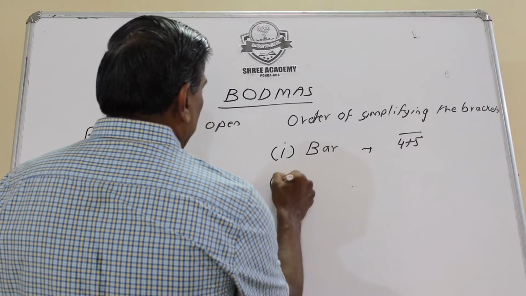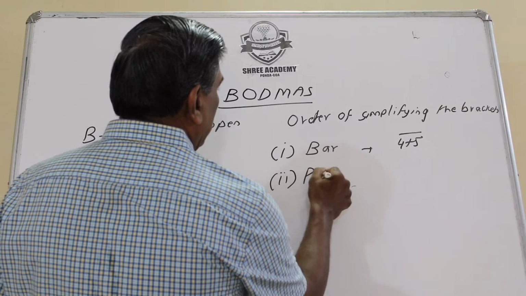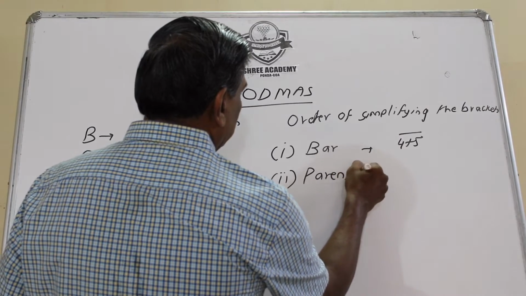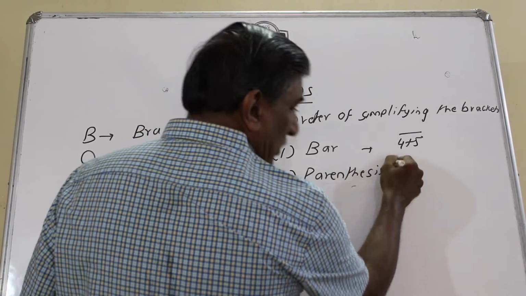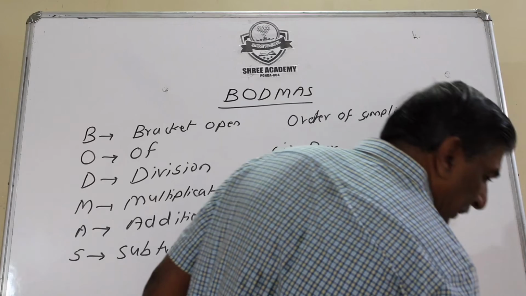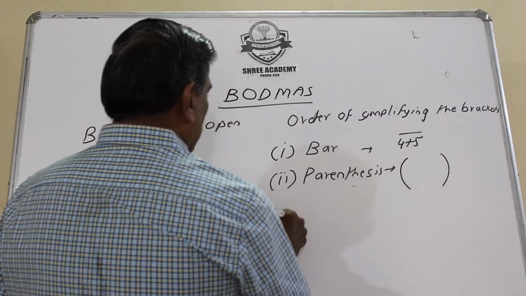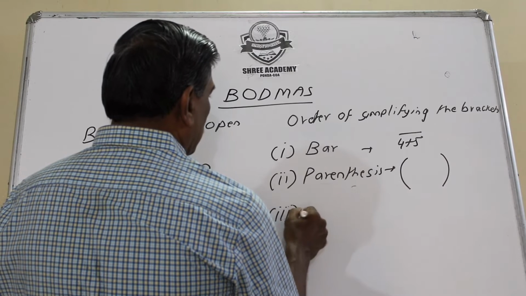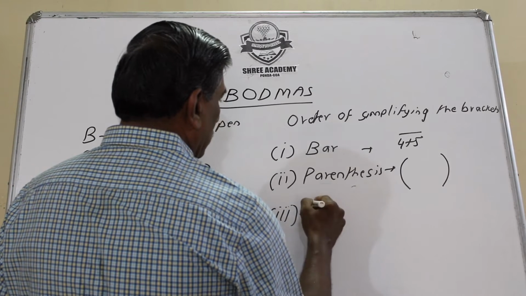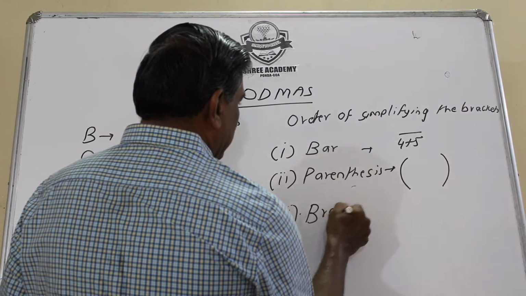The second one is known as the parenthesis. Parenthesis is given by this symbol. The third one is called the brackets.